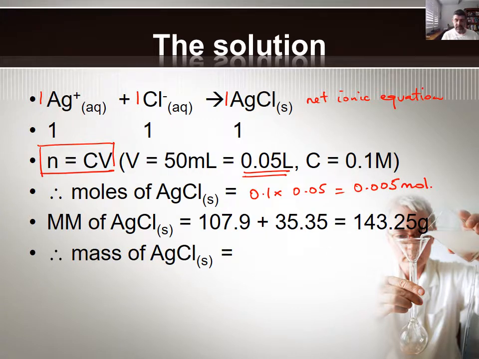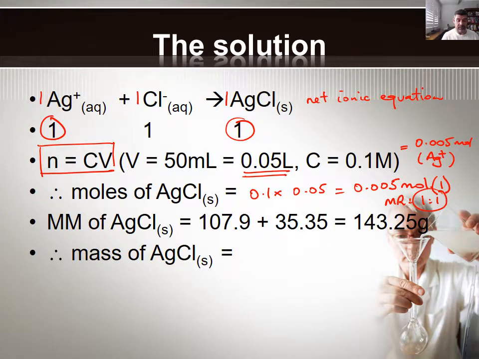Okay, now that's what we had from our initial concentration of silver ions. So that was present for the silver ions. And then this is the same number because the mole ratio here is 1 to 1. So the number of moles is going to be identical.